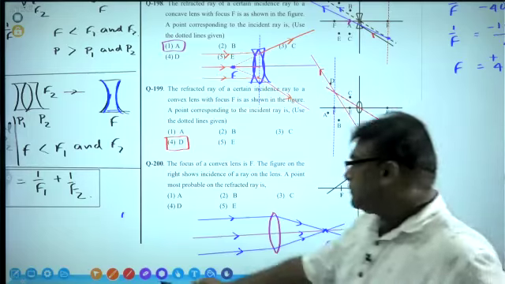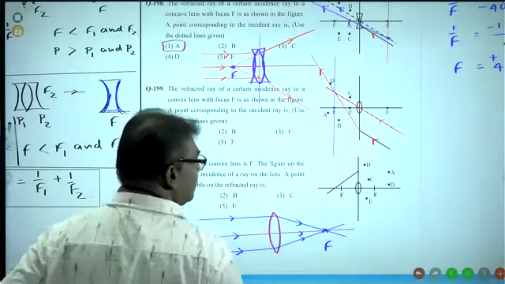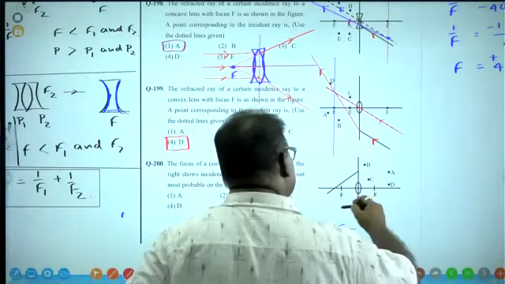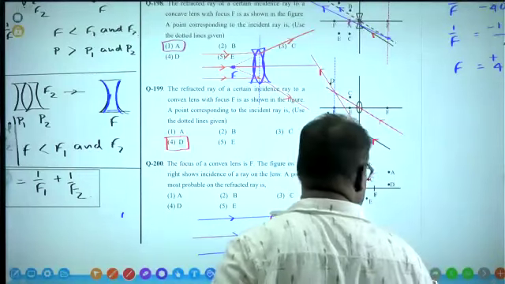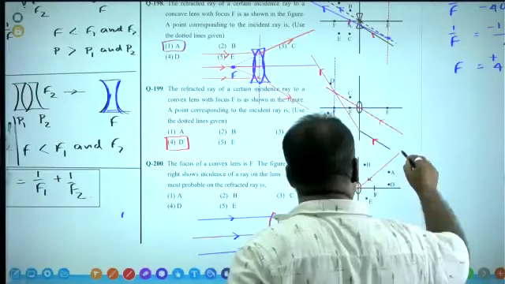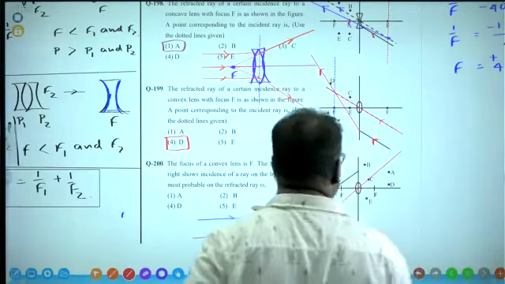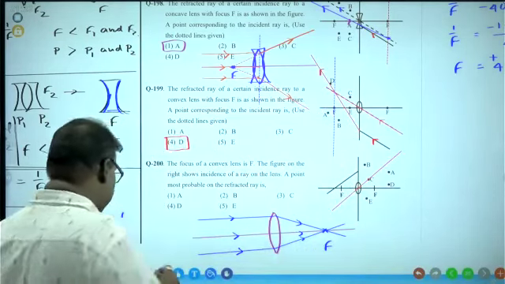Okay, then it's better to copy the line across the optical center. This line across the optical center, like this, is parallel with the given line, right? The given light ray is this one.